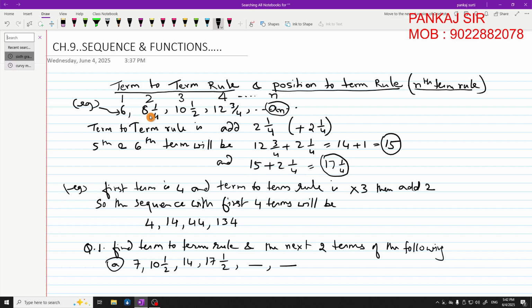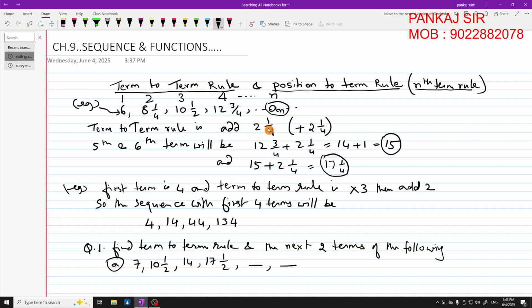So suppose you try to see what is the connection between first and the second term. Then it happens to be that in the first term, that is 6, when you add 2 1/4, you get the second term 8 1/4. When you add 2 1/4 again to the second term, that is 8 1/4, you get the third term, that is 10 1/2. So that way, as it goes on, when you keep on adding 2 1/4 to the previous term, you get the next term.